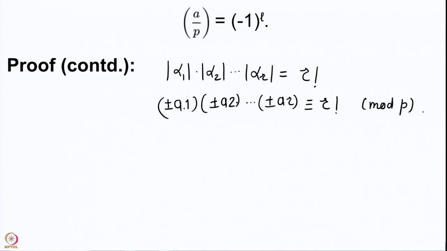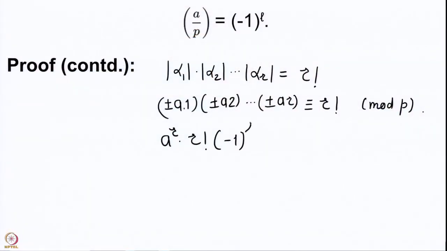So, if I take a out, I am going to get a power r, then I have 1, 2, 3 up to r. So, I get r factorial and I have exactly how many negative signs. So, remember L was our number of negative numerically least residues. So, this is going to be minus 1 to the power L. This is the left hand side. This is equal to r factorial mod p, the right hand side.